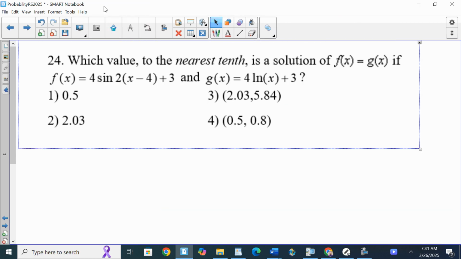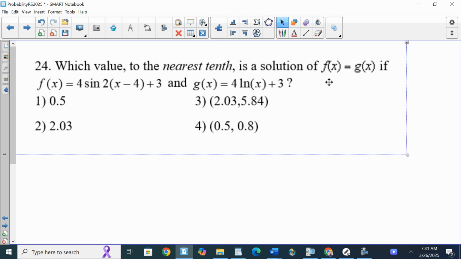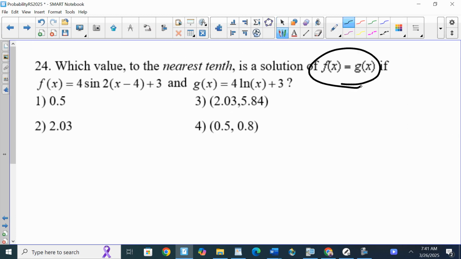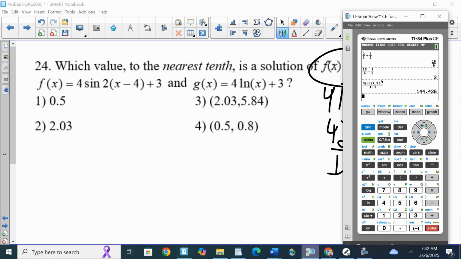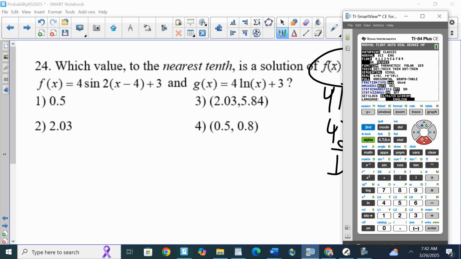Blah, blah, blah. f of x equals g of x. When I see f of x equals g of x, that's my y1, y2 intersect. Make sure your calculator is in radian mode. In this course, you're always in radian mode.